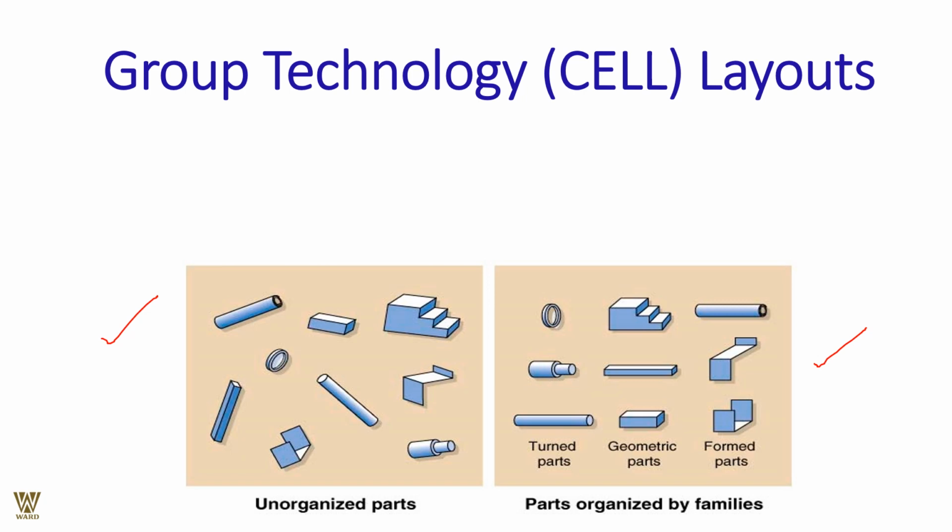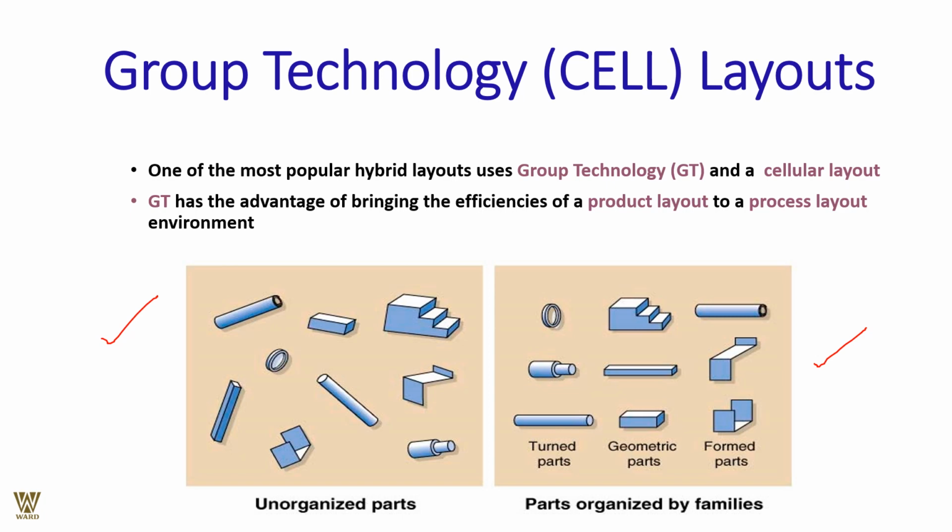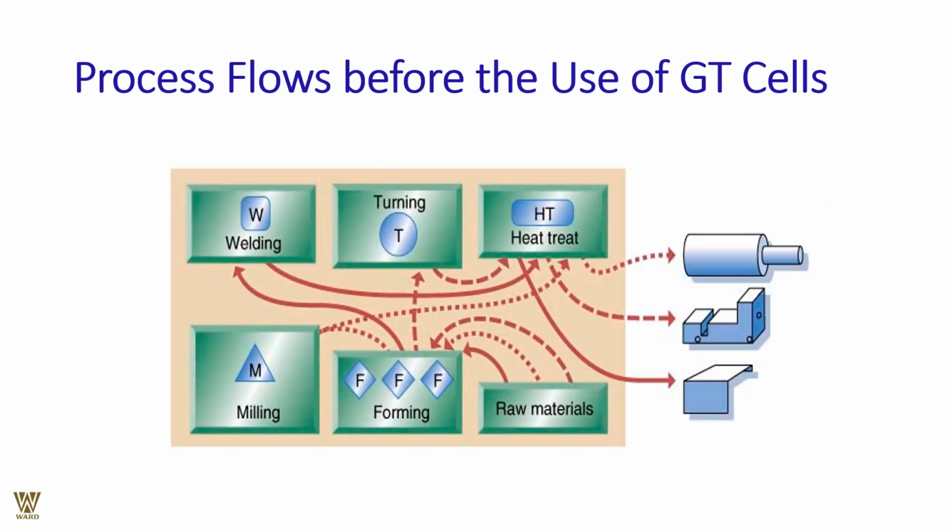So we have the turned parts, the geometric parts, the form parts, as the case might be. That is one of the most popular hybrid layouts, the group technology or cellular layout. Remember, group technology has its own advantages of bringing the efficiencies of product layout to a process layout environment. Now, process layout forms something like this.